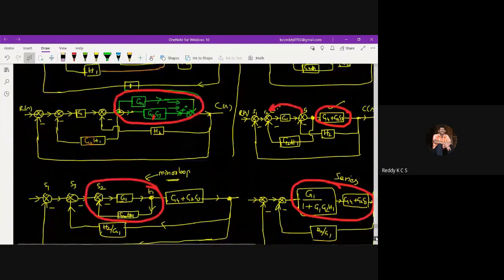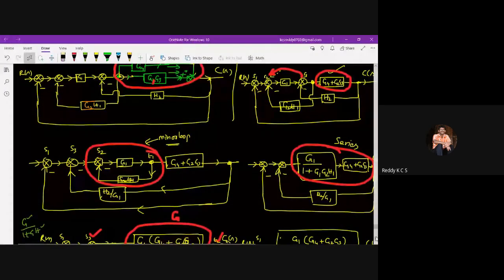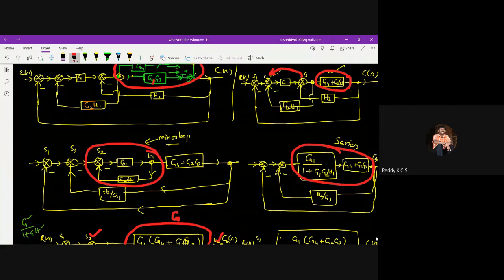That is shifting of the summing point 3 over the block G1. The signal entering the summing point 3 is the H2 signal. To that signal I have added 1 by G1, because when you shift the summing point before the block, towards the left, we add the reciprocal of the block gain.